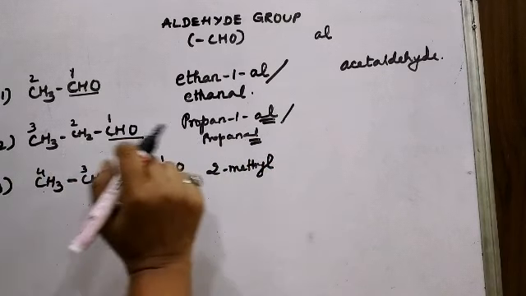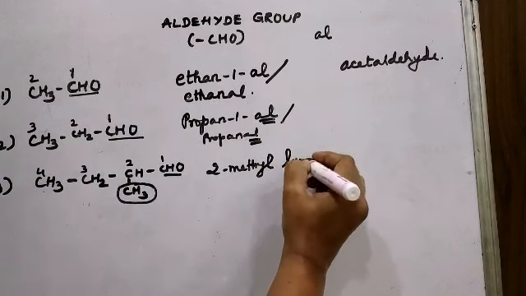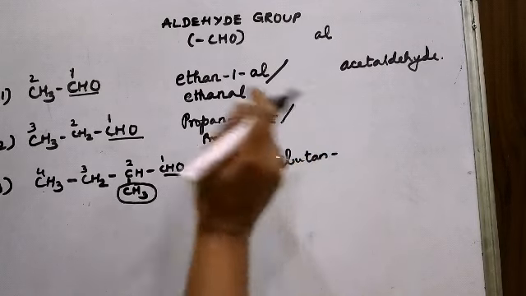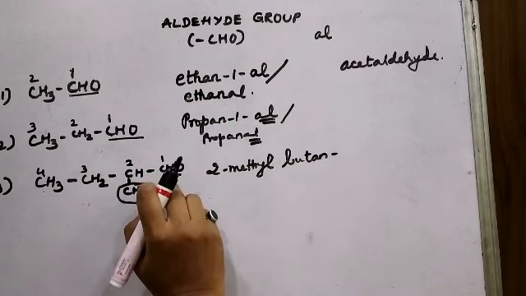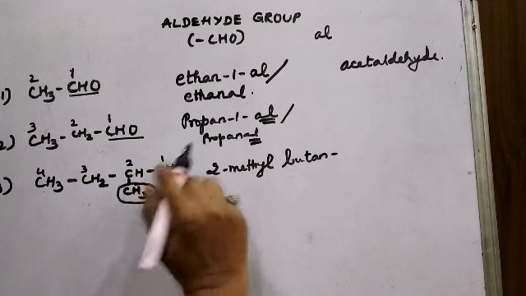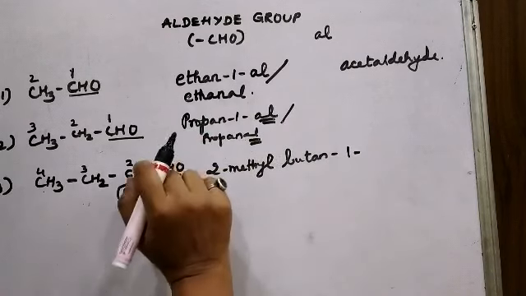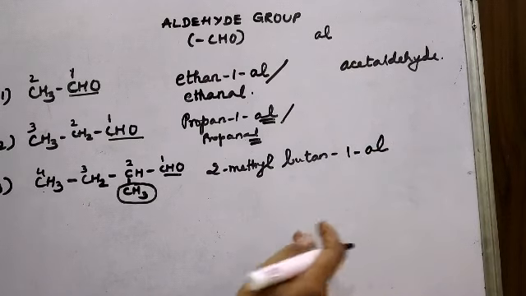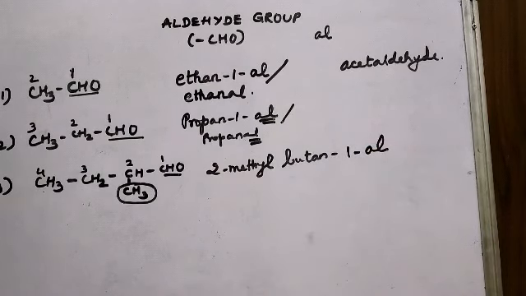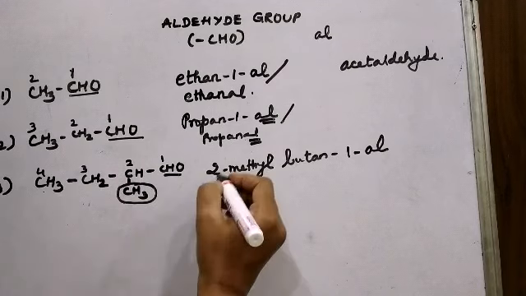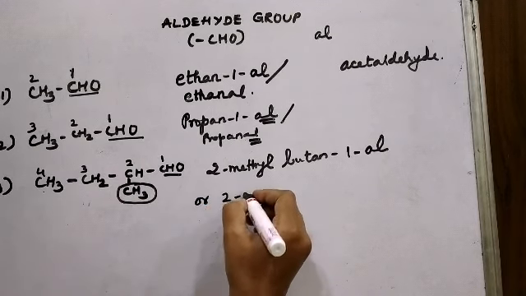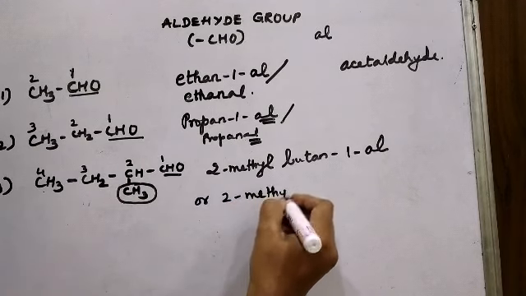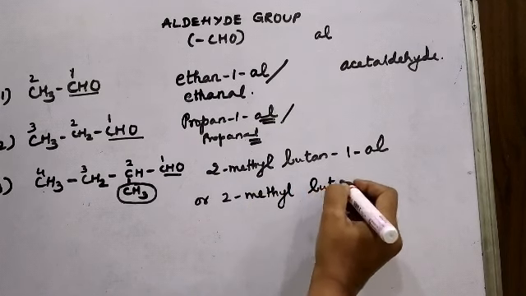There are 4 carbon atoms in the straight chain. Root word will be butane. Functional group is on carbon atom number 1. So 1. It's an aldehyde because it is CHO group. Therefore suffix will be al. So the name of this compound will be 2-methyl butane 1 al, or this can also be written as 2-methyl butanal.